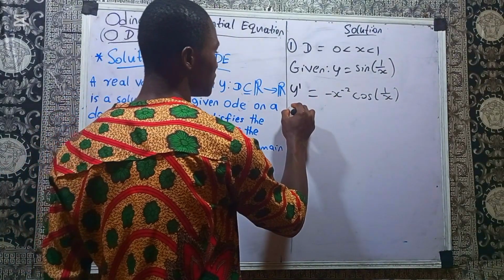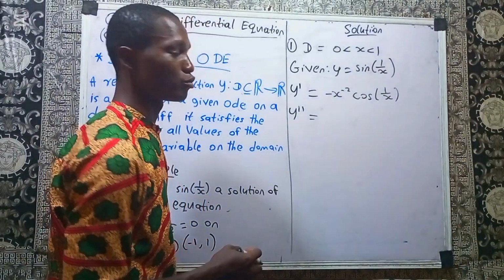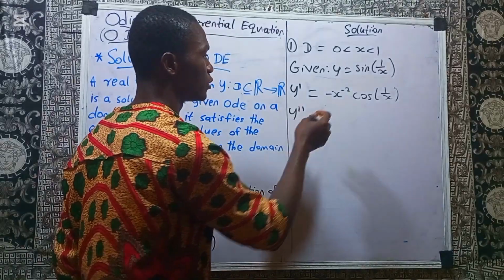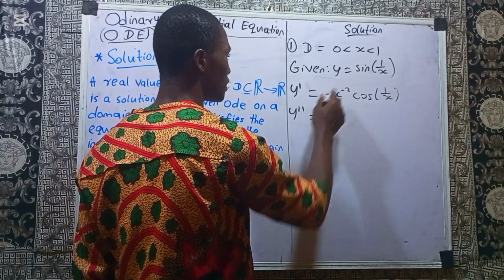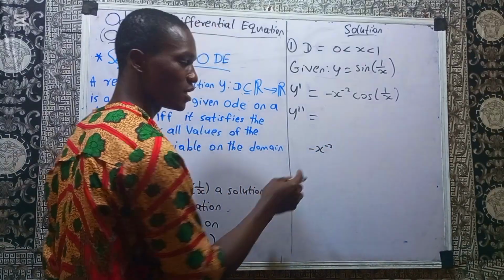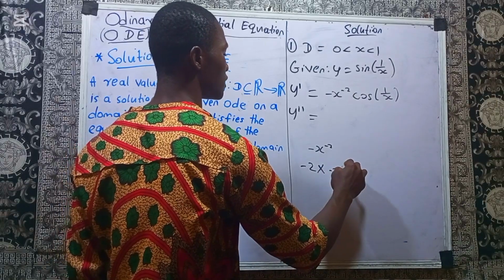So you now differentiate again, y prime prime. We use product rule at first. So if you use product rule, then you differentiate this and keep this. If you differentiate this, you bring down the power. So I want to differentiate negative x raised to power negative 2. I'll bring down the power, negative 2 times negative x raised to power negative 2.